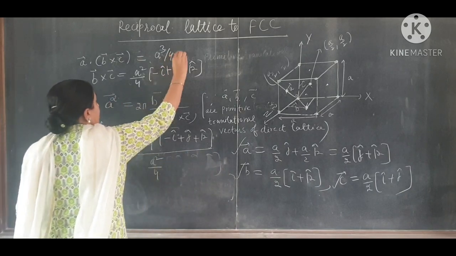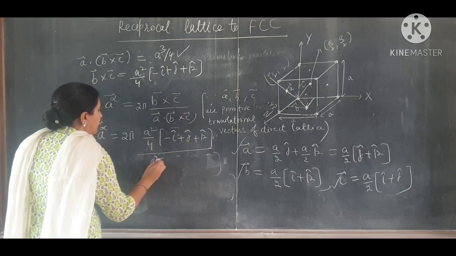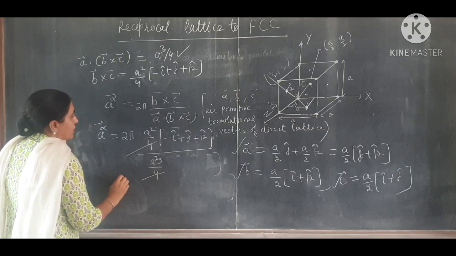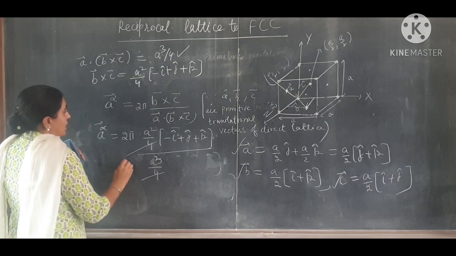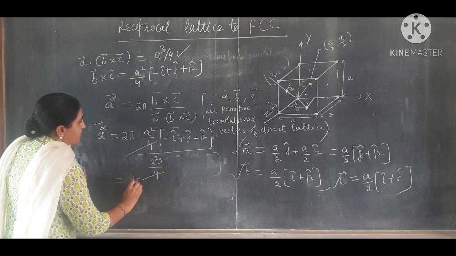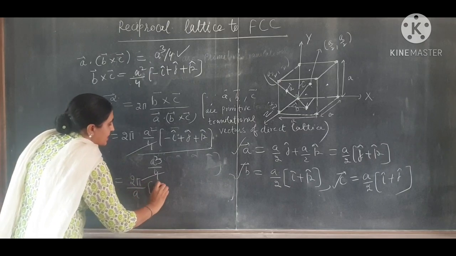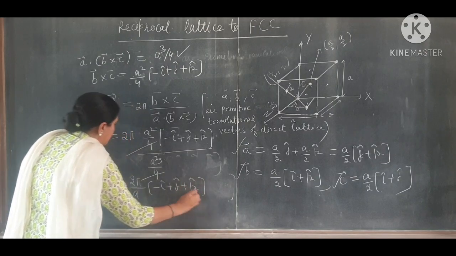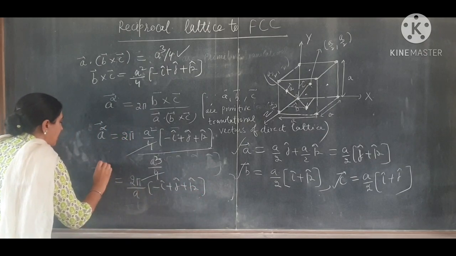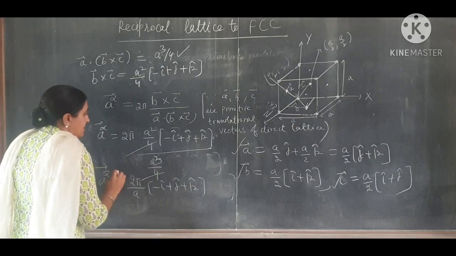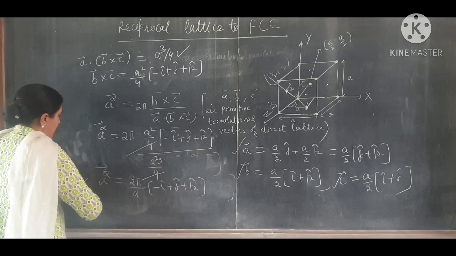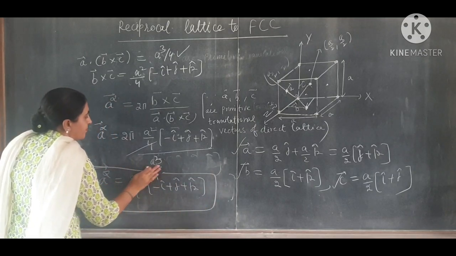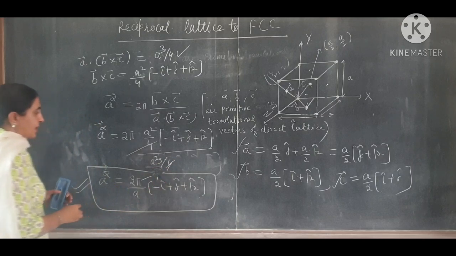So 4 goes with 4, one a goes with one a. So what you get is 2 pi upon a, minus i plus j plus k. So this is our a star. Clear?